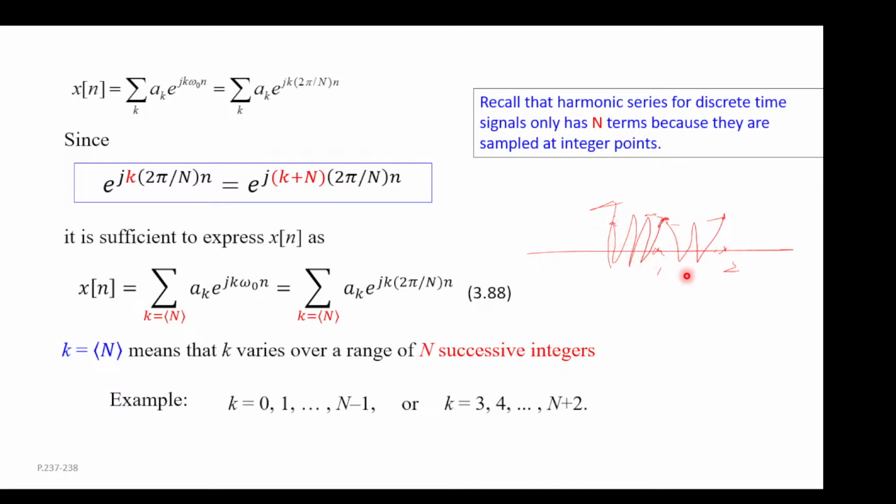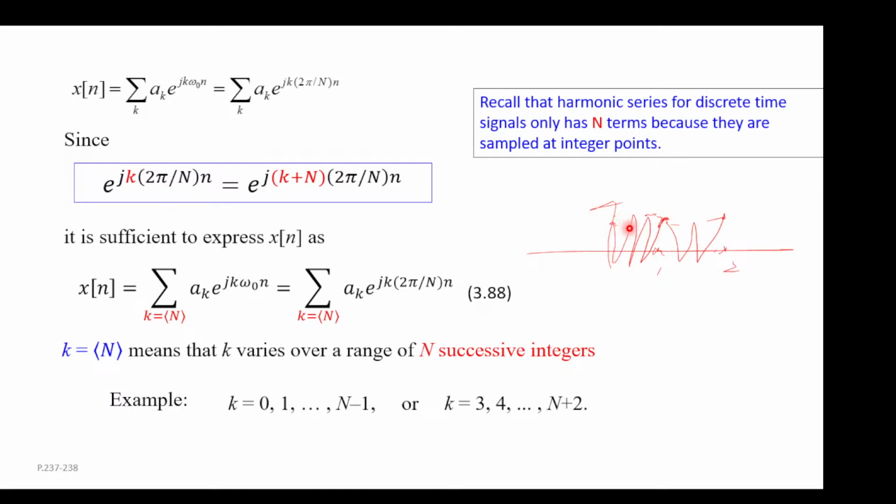We have our discrete signal sampled on integer points, and that means that even if this complex exponential has a really high frequency, you don't really see that. So here we have a not very beautiful schematic. We are thinking our discrete sample points are those 1 and 2 points. Even if this complex exponential has a really high k and is oscillating really fast, it's still only sampled at the points 1 and 2.